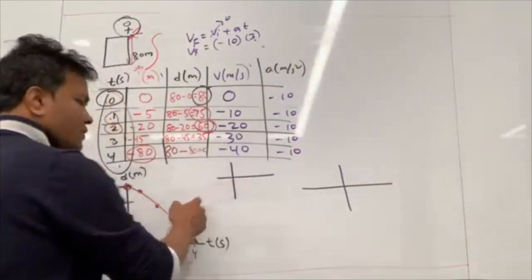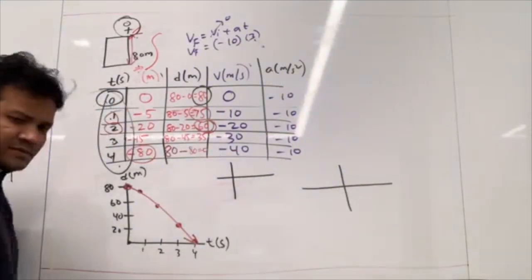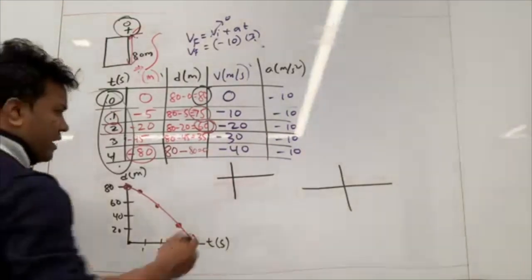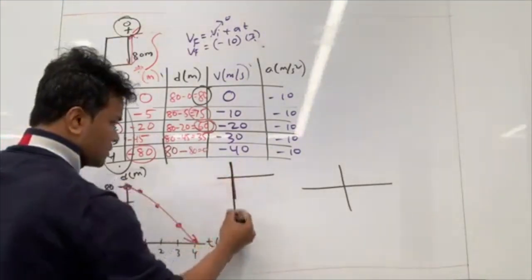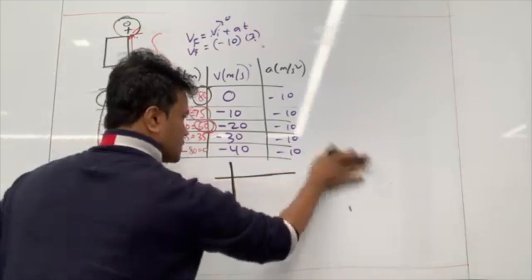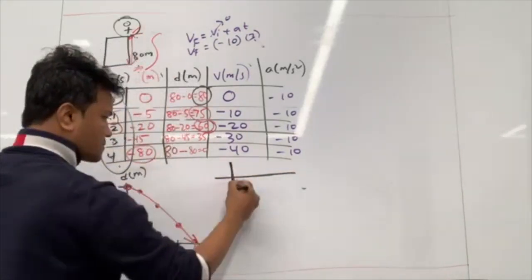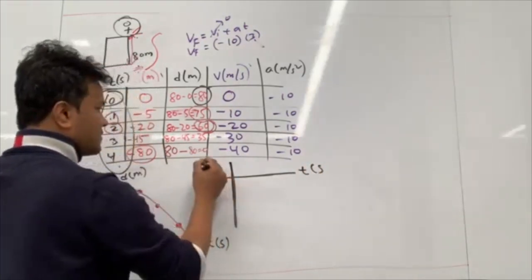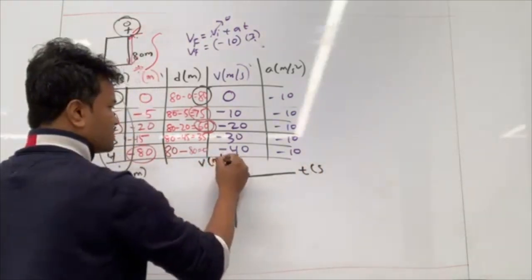Now, let's see how the VT graph should look like. Now, let's draw whatever we have. So this is the t in second, and this is velocity in meter per second. All right.